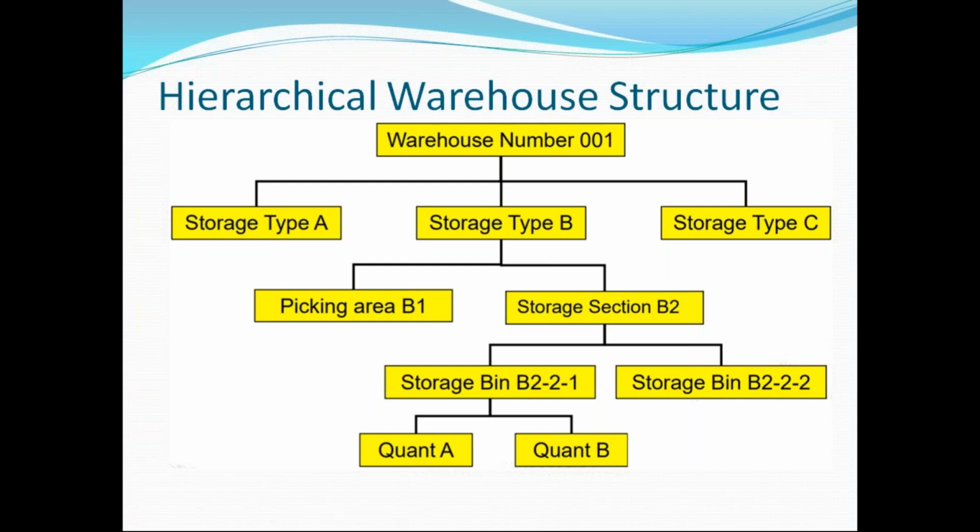Then we have various bins where the material is actually being kept or picked. Each section can have multiple bins created and in each bin we'll be keeping the material, and each material in the bin is represented by the quant characteristics.